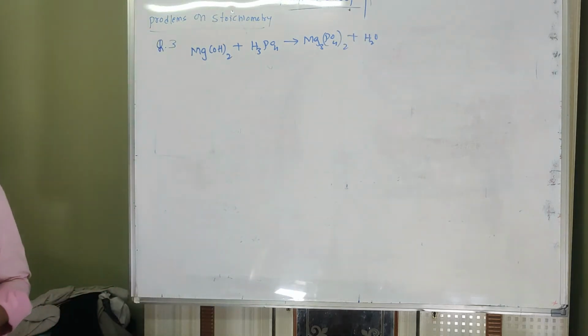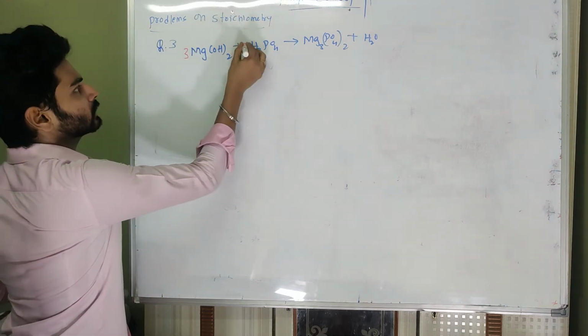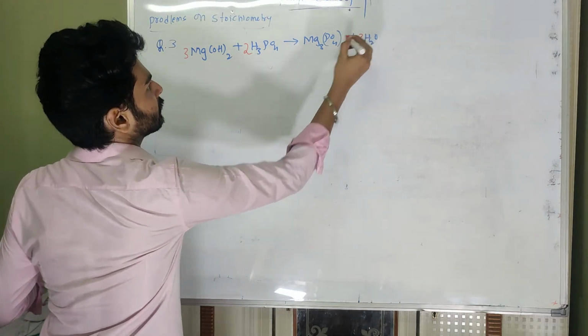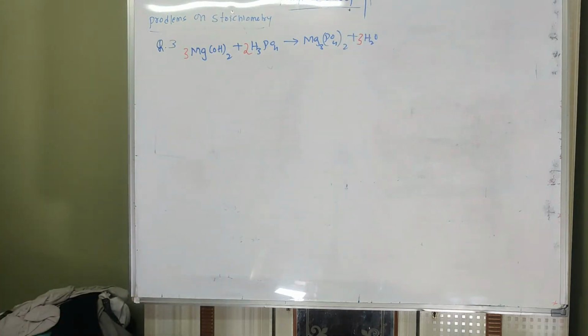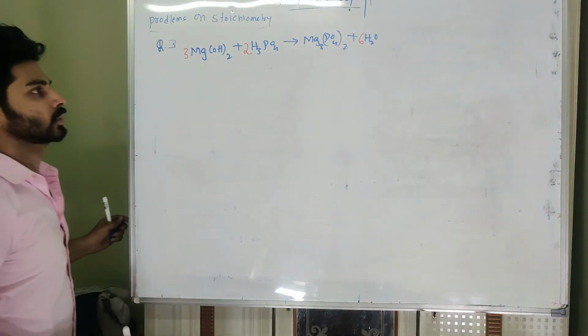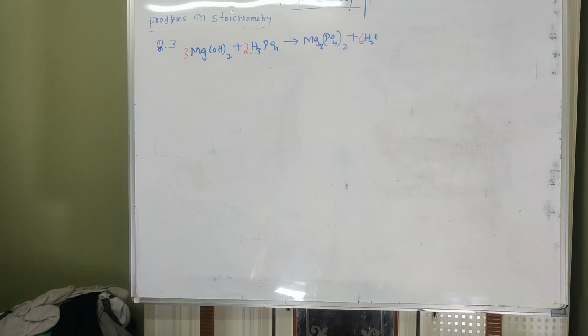We have to balance this reaction. This is 3, this is 2, 2 threes are 6, this is 3, 3 plus 3 is 6. So this is the balanced reaction.